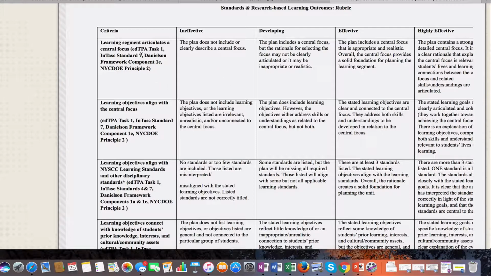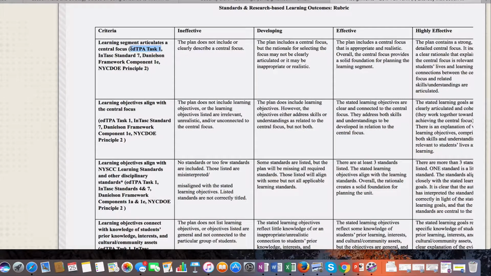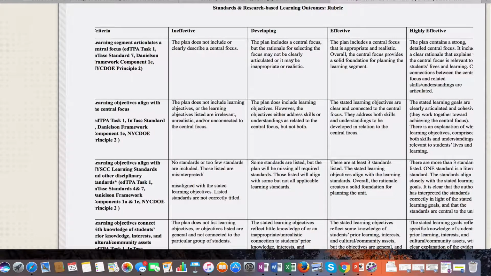And notice just for your own information, these are very connected again to the Ed TPA, okay? So if you don't have a clearly described central focus, it's going to be ineffective. It's most likely going to be developing, so the plan includes a central focus, but the rationale for selecting the focus may not be clearly articulated, or it might be completely inappropriate or unrealistic.